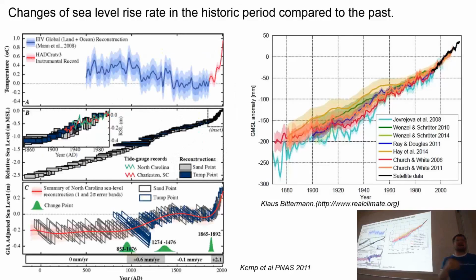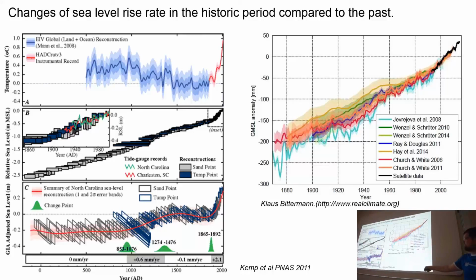And we can say, again, just like with temperature, is this anomalous? This is that temperature reconstruction again from proxies and then modern measurements. And we can then look at our sea level curve, shown here. All these boxes are estimates of where sea level was in the past.